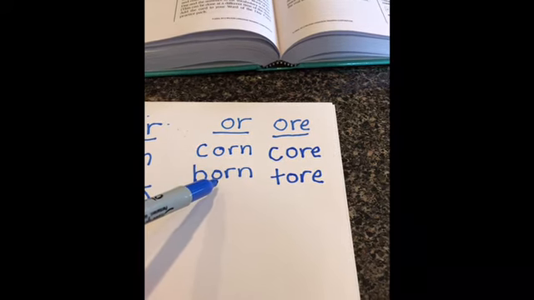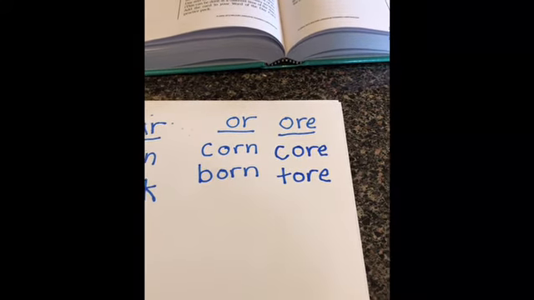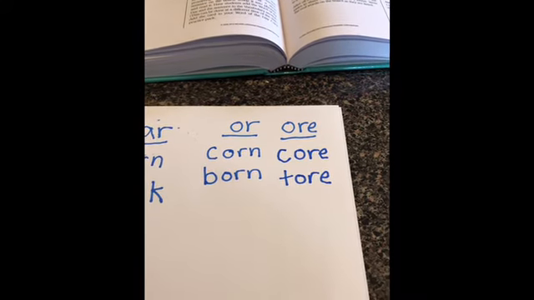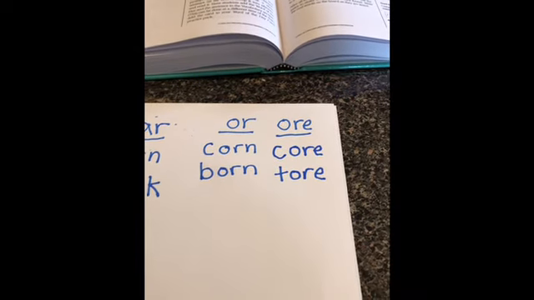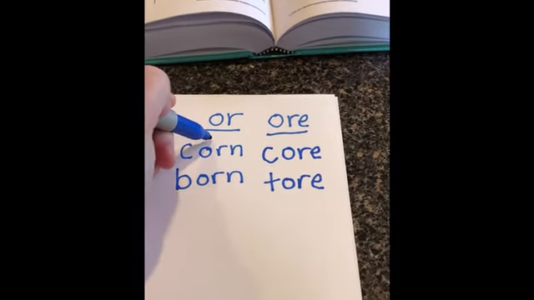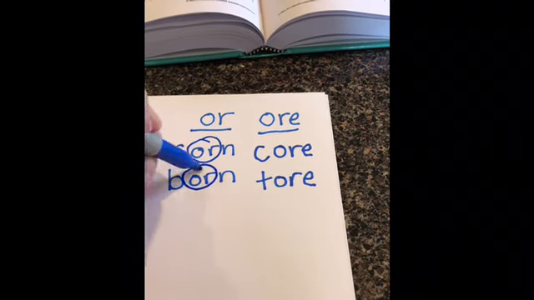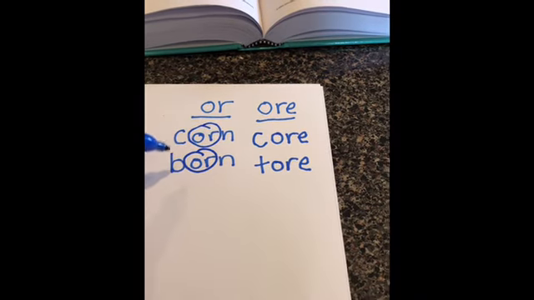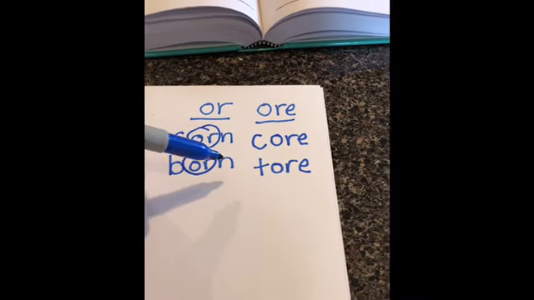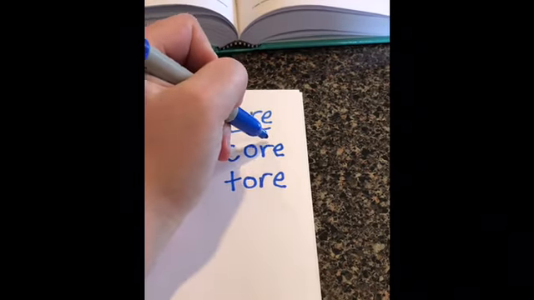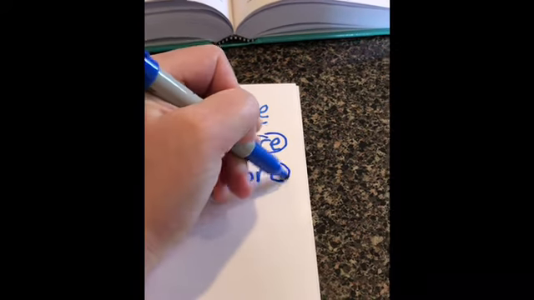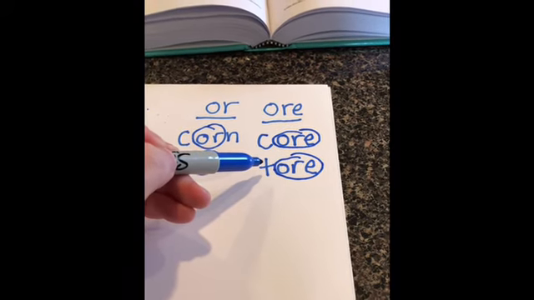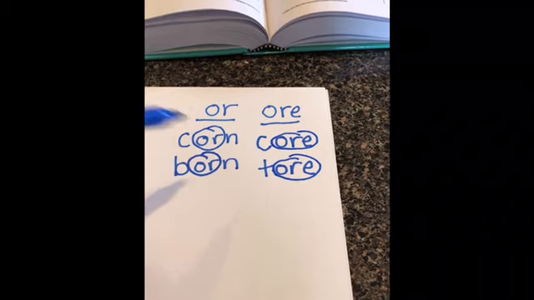How do I know when to use OR and when to use ORE? 1, 2, 3. Okay, hopefully you were able to guess that OR we use in the middle of the word. Corn, born. Core, O-R-E, we use at the end. So OR goes in the middle, ORE goes at the end.